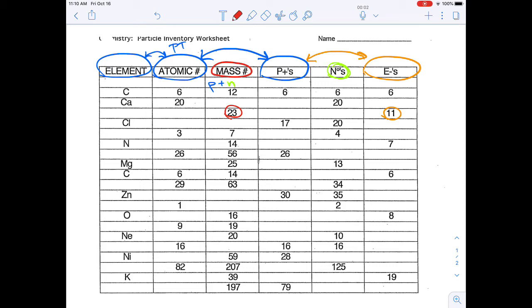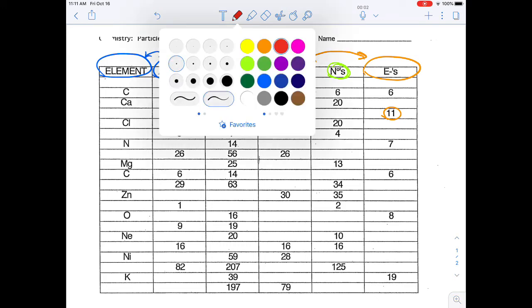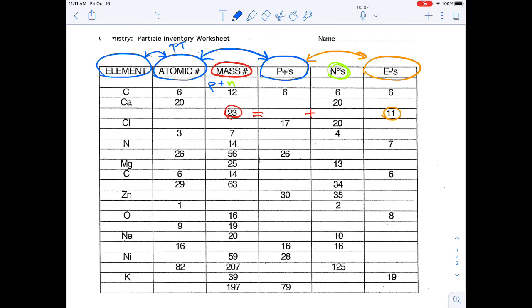Well, mass number is equal to the protons and the neutrons, but I don't have either of those. Well, I don't have any of the other, but I do have electrons, and the electrons can help me because I already know that electrons and protons for a neutral atom have to be the same because the pluses and the minuses have to balance each other.